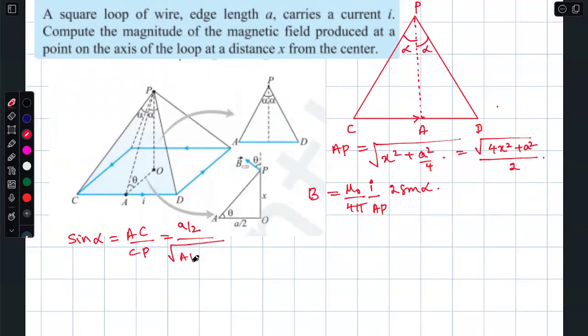AP square plus AC square. A by 2 divided by, AP square we already know, x square plus A square by 4, AC square, A square by 4. So finally, what you will have in this is A by under root 4x square plus 2A square.